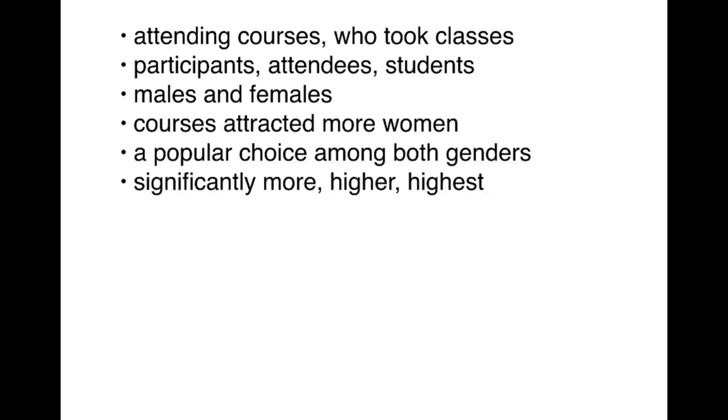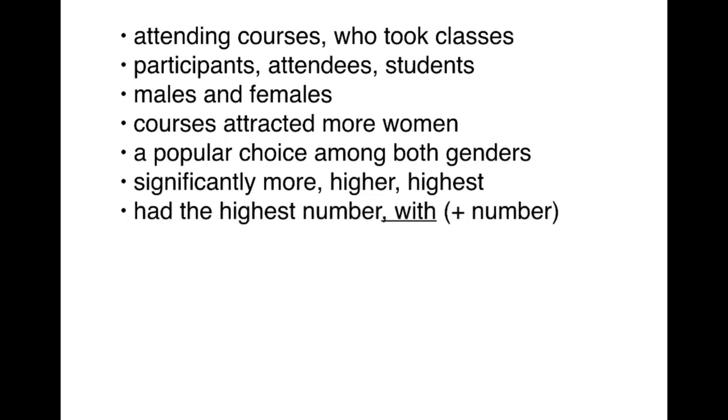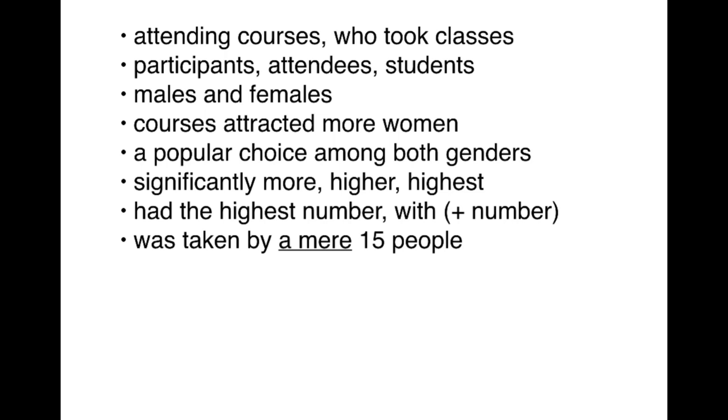Significantly more, higher, highest, typical comparing language. Had the highest number, comma, with. What I was saying in those two paragraphs about adding the number on the end of a sentence using comma with. I did that a few times. Was taken by a mere 15 people. A mere means only. It's a nice alternative to saying only 15 people.